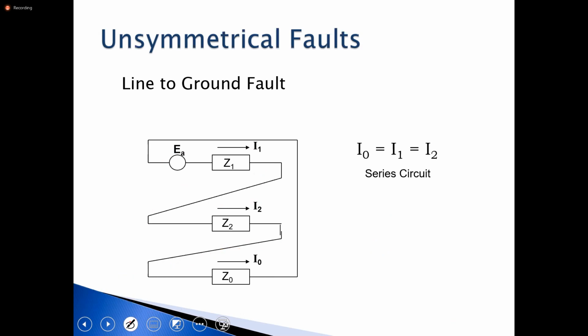So the direction here corresponds with I2. This at the bottom corresponds with I0. So when we talk about equal, and now we're in power systems, all the network principles apply. If I say that they are equal, it means that they must be equal in both magnitude and direction. All right?